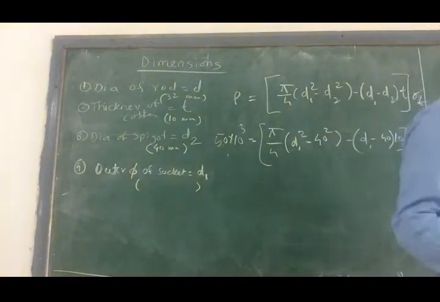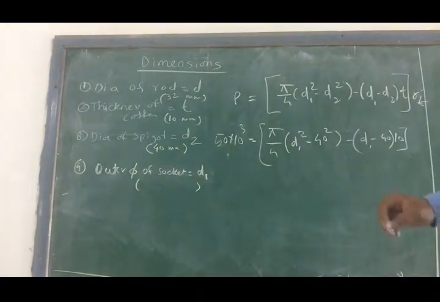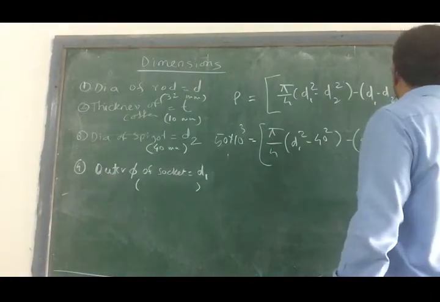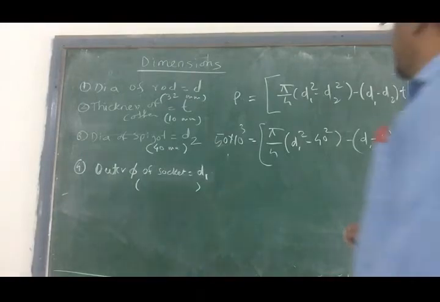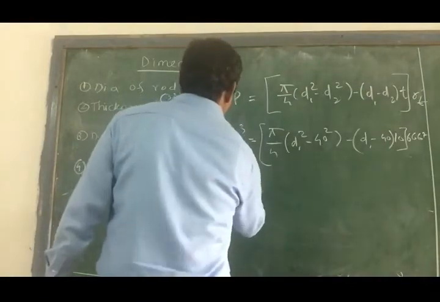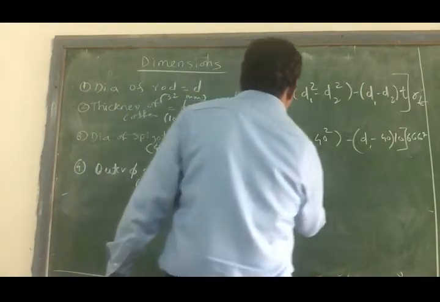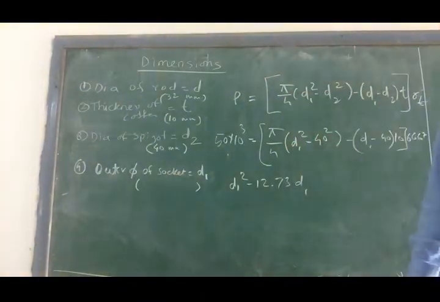I think it is 66.67, right? Yes, 66.67. Now try to solve this equation. You will get D1 square minus 12.73 D1 minus 2045 equal to 0.